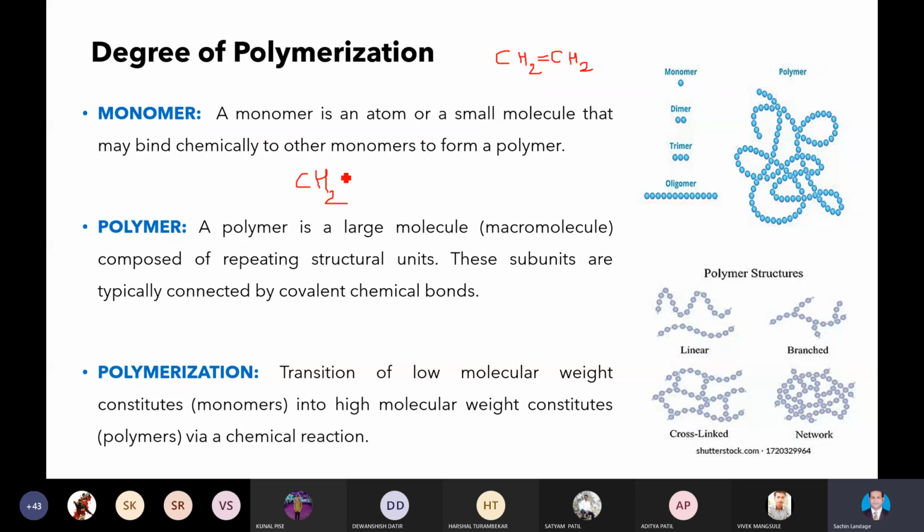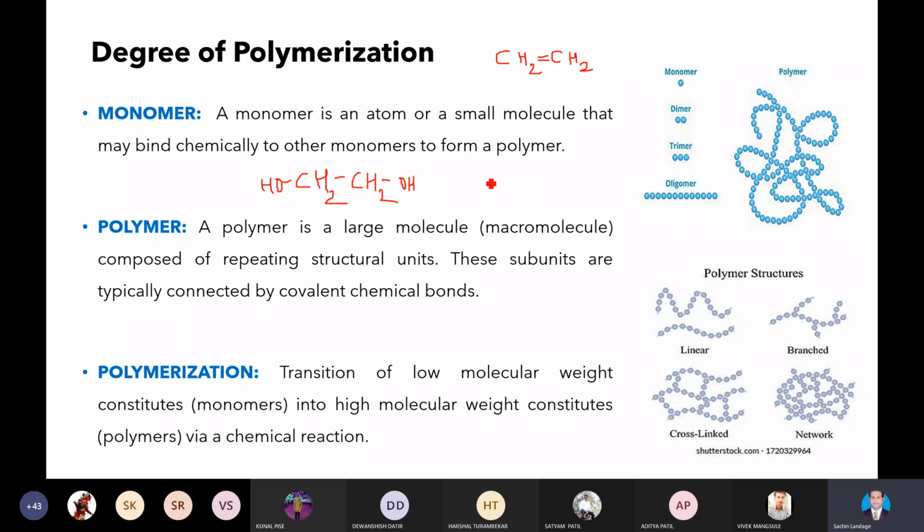Monoethylene glycol. So this is a monoethylene glycol, and this is one raw material.